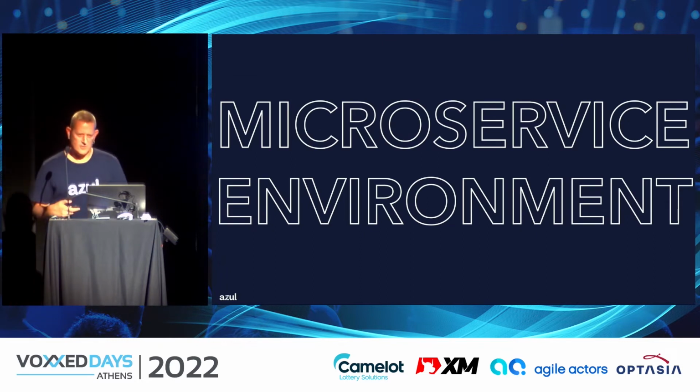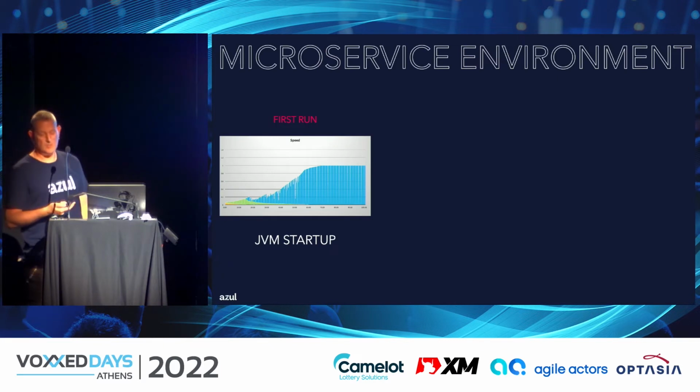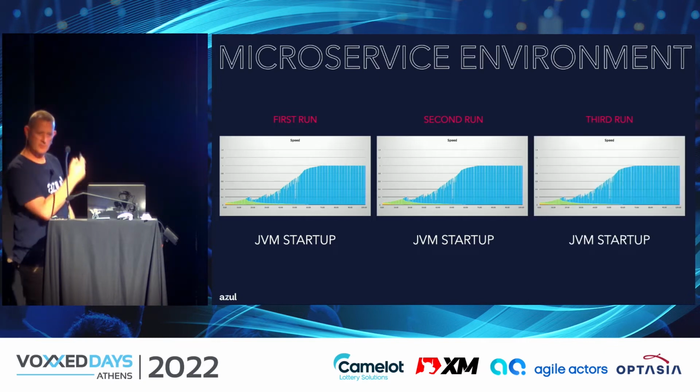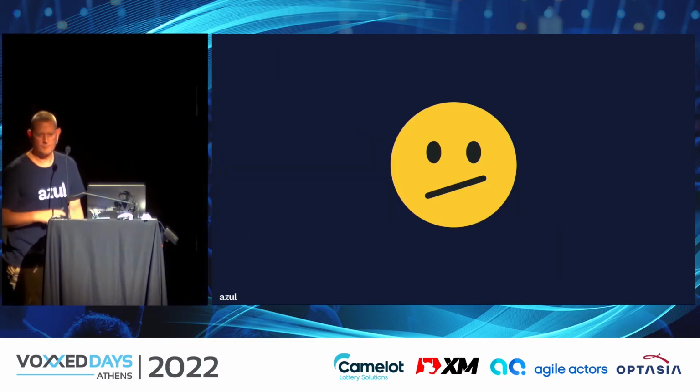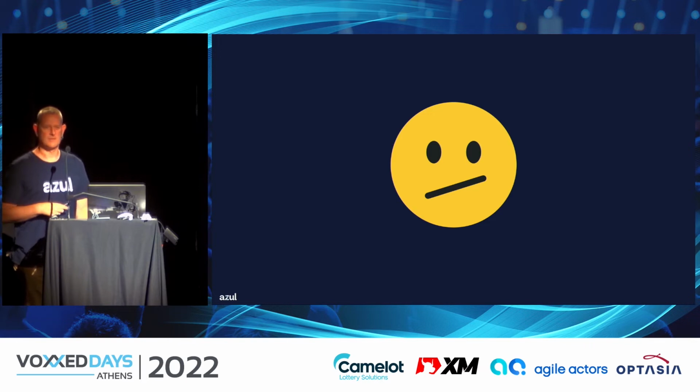If we now take this whole JVM startup thing into the microservice environment, then usually we would see something like that. We start the microservice the first time, JVM startup, second time, JVM startup, third time, JVM startup. Sucks, right? I asked that in the poll, and I will now ask who's suffering from JVM startup times here.